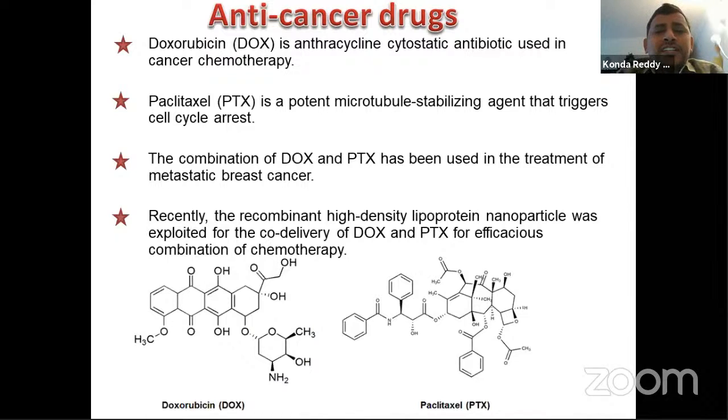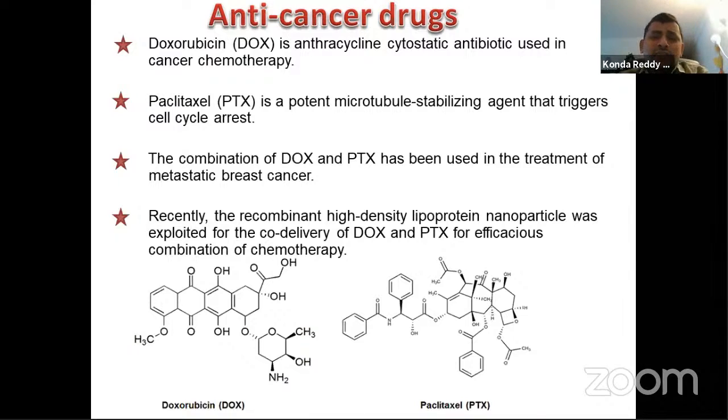Doxorubicin is widely used for different kinds of cancer, including breast cancer and lung carcinoma. Paclitaxel is also one of the drugs widely used for cancer. This combination of DOX and PTX has been used in the treatment of metastatic breast cancer.